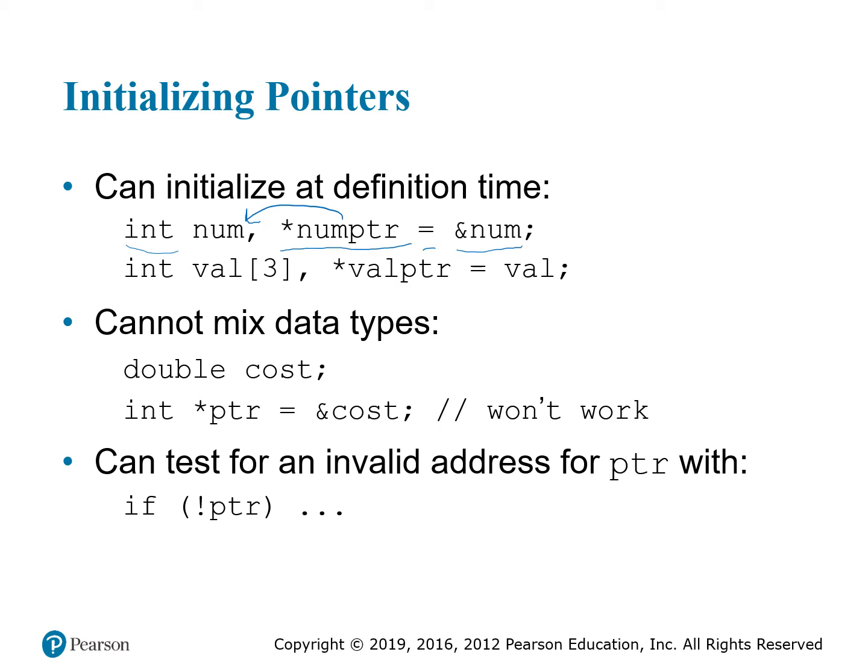You can also initialize using arrays, because as you know, an array name is really just a pointer. So you can say int *valPointer = val, and that's going to make valPointer point to the same thing that val points to.